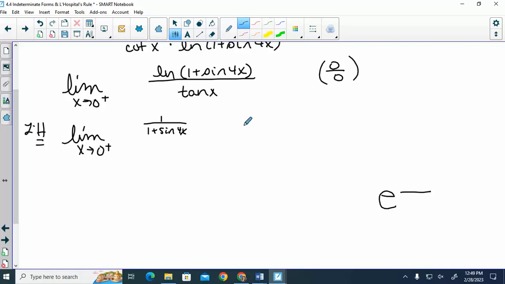But we have to do the chain rule here, don't we? Derivative of the inside, so derivative of 1 plus sine 4x would be cosine 4x times derivative of 4x is 4. Over derivative of tangent.